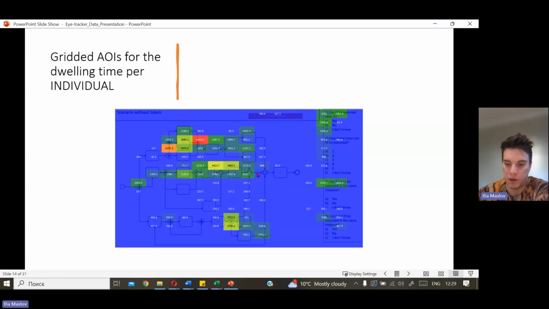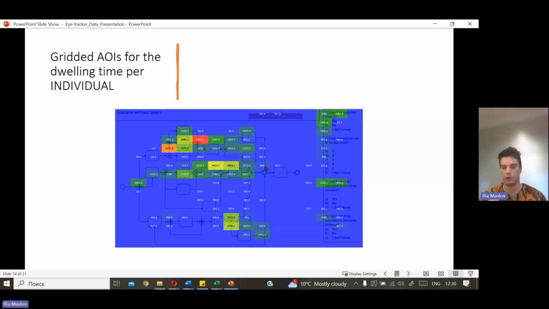Then again, the same principle: you increase the thing, and then you average this over all the trials, all the participants. For example, if the participant was not looking in this area, it's already 0. So 0 plus 0 plus 0 plus 0 plus 10,000 is equal to like 600.